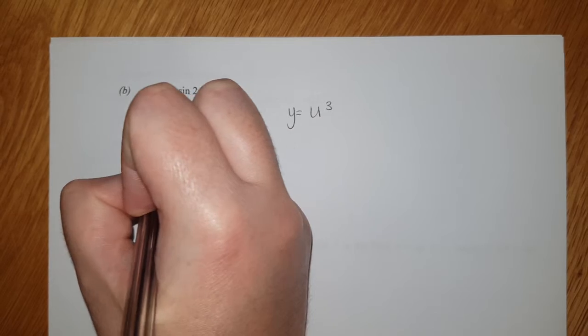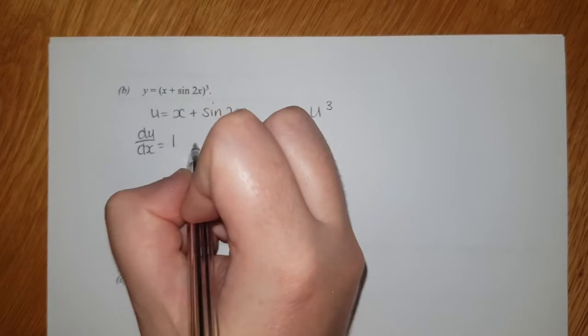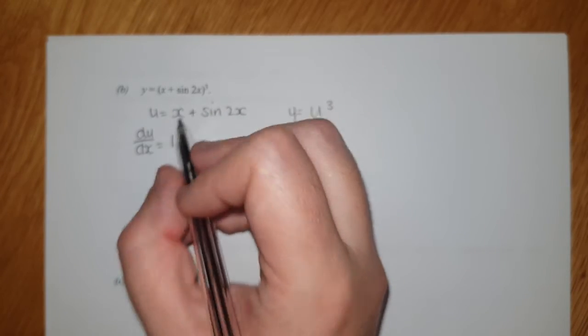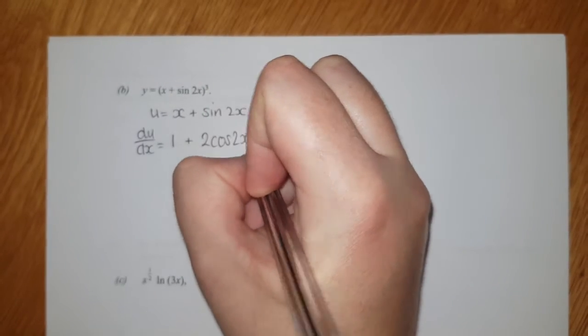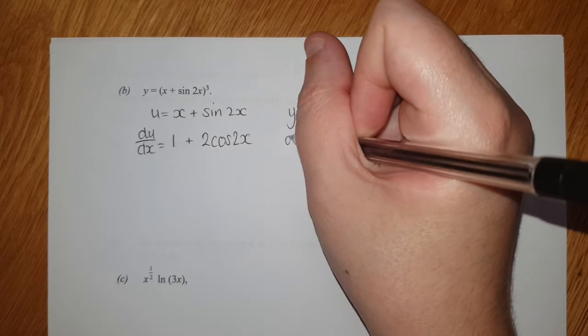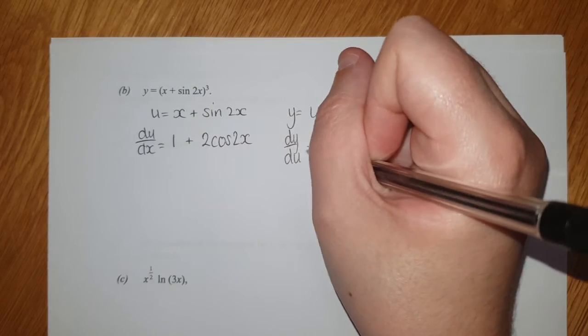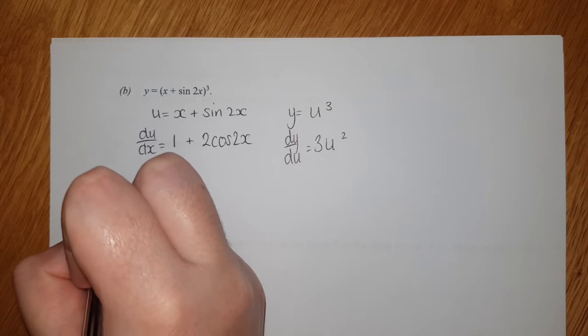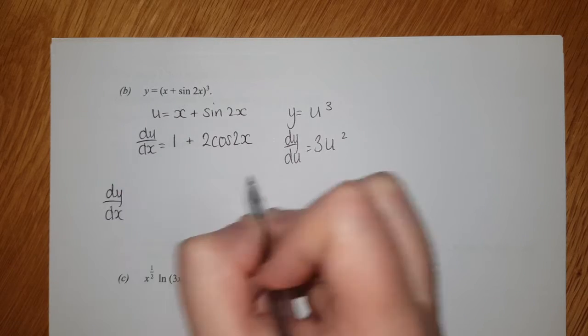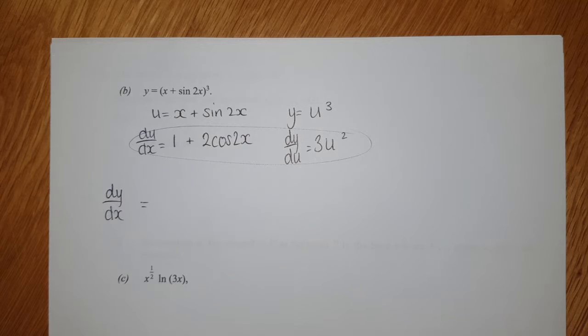So if we differentiate this, x differentiates to 1, sine goes to cos. Remember to bring that extra factor of 2 in front, so I get 2 cos 2x. And if I differentiate this one with respect to u, I get 3u squared. In which case, dy by dx, following the chain rule, is to just multiply these two things together.